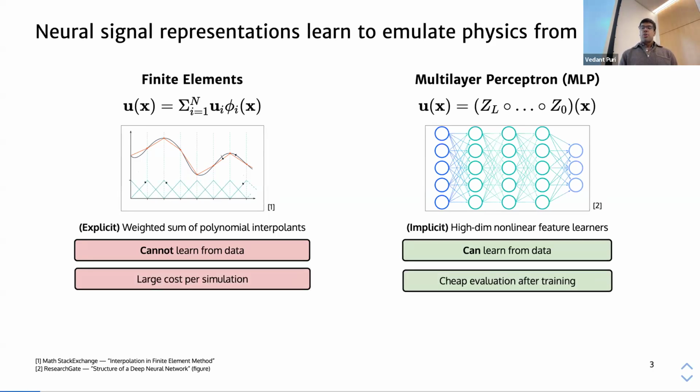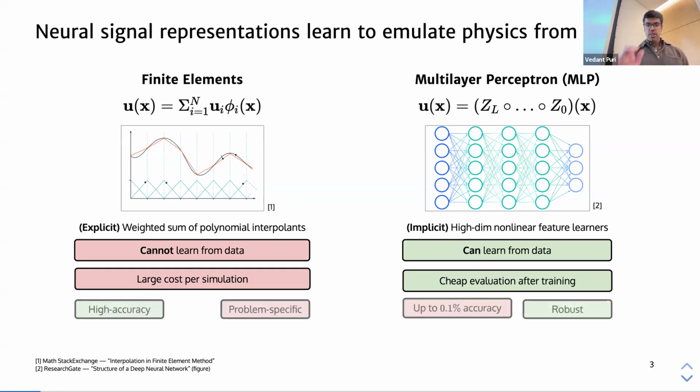So in comparison to the classic finite element method, where you pay a large upfront cost per calculation, machine learning methods are very cheap to evaluate after you train these models. So you end up paying a large upfront training cost, but then you can deploy that learned model in time-critical applications.